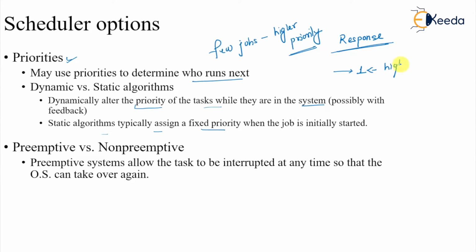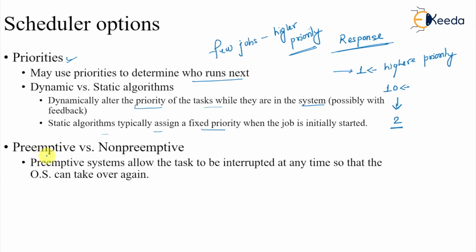Lesser the number, higher the priority. Suppose the number starts with 10, and over a period of time, because we want to avoid starvation and pay attention to it, it reaches 2. That is dynamically altering the priority. But in static, 10 will remain the same.